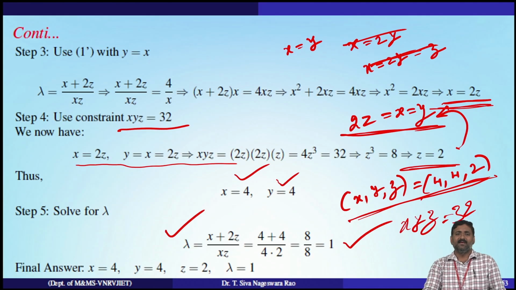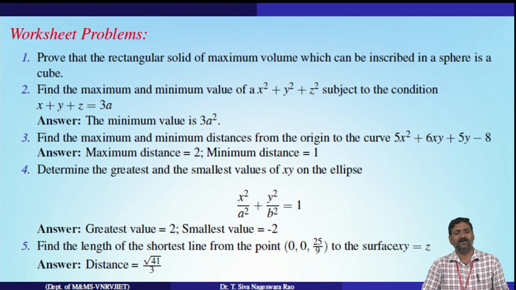We will solve this system with the help of g of x comma y is equal to 0. Based on that, you will get stationary points. By substituting these stationary points into the given function, based on the question, we can decide either maximum value or minimum value.